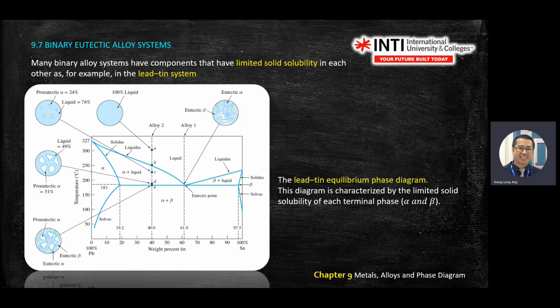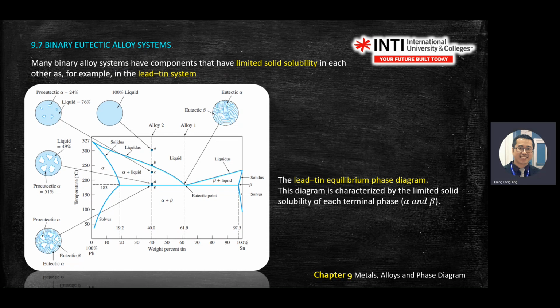If you look at the microstructure, you will see there is a eutectic of alpha and beta over here. This is alloy 1. The eutectic point happens at 61.9% of tin, and the rest, 100 minus that, is the other side, Pb.